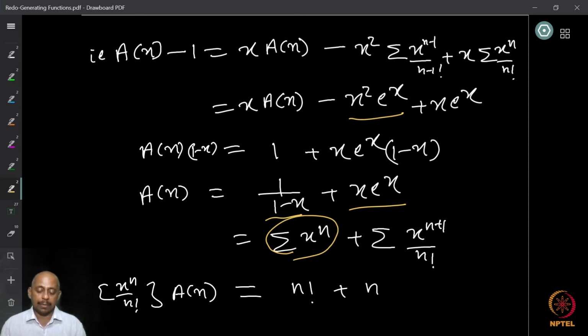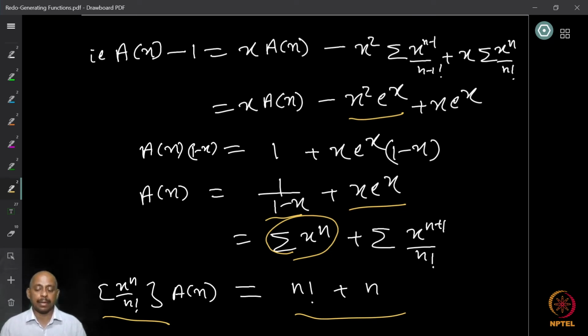But then I have n factorial here, so n factorial by n minus 1 factorial will be n. So I have n factorial plus n. That is the coefficient of x raised to n by n factorial in A of x, which is the nth term. So the nth term is n factorial plus n.